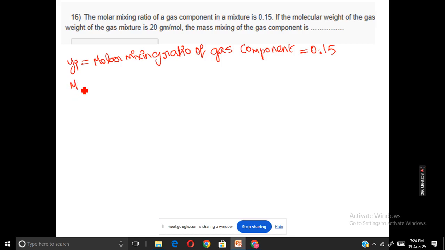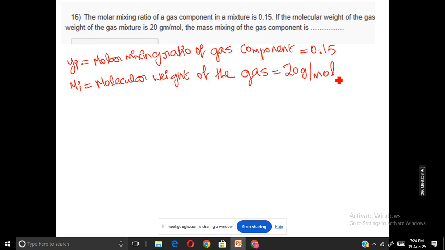And Mi is the molecular weight, or molar mass, of this particular gas, which is 50 gram per mole. Okay, and we have to find the mass mixing ratio.